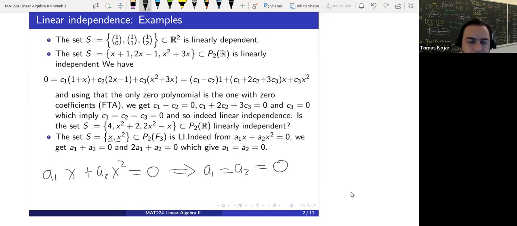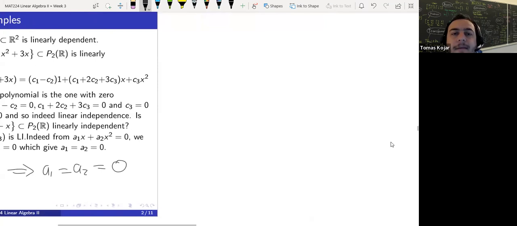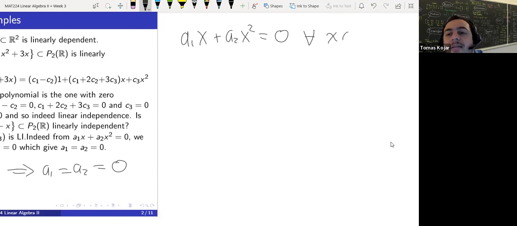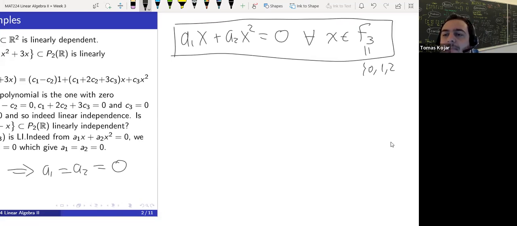All right, so how do you do it? Let me go on the left. All right, so a1x plus a2x squared is equal to 0 for all x in the field. That's the statement. Okay. But there's only 3 elements. So that's easy.